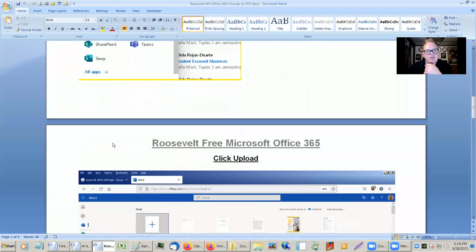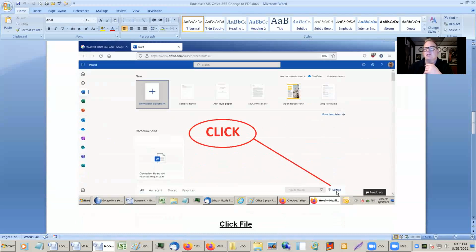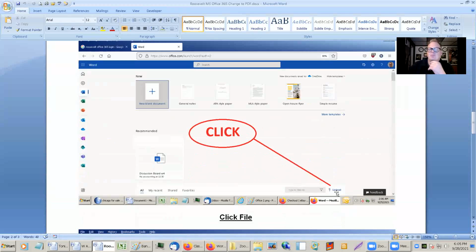And this is a little bit hidden, but there's this upload thing. So when I send you the files, download them either onto your device or onto your computer, whether it's Apple or a PC or whatever it is. Download the file, and then you can click on it to upload it into Word.